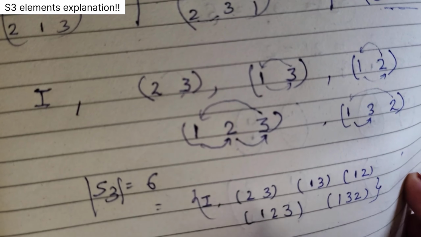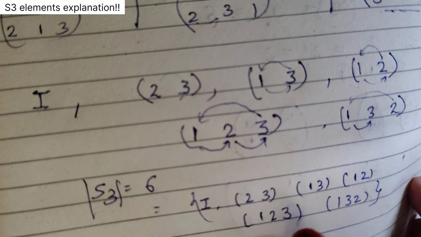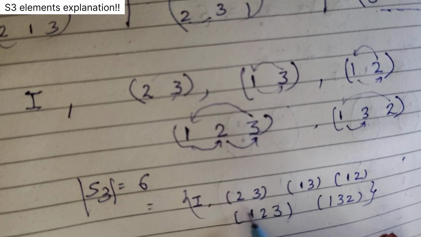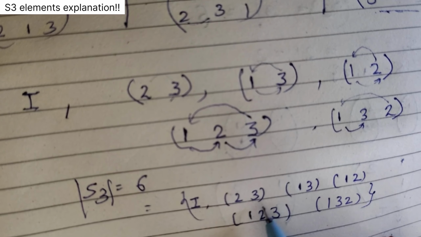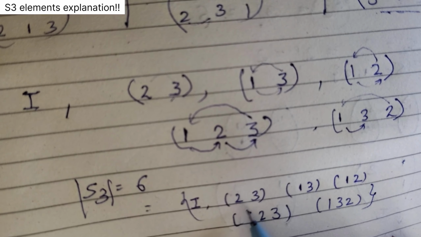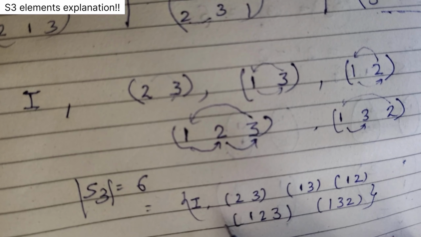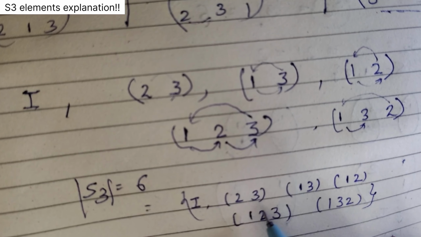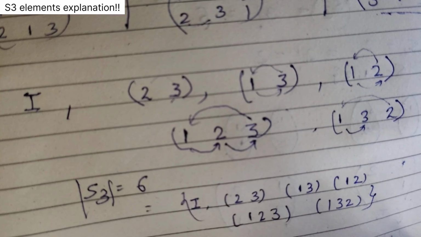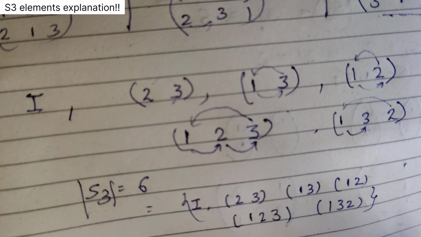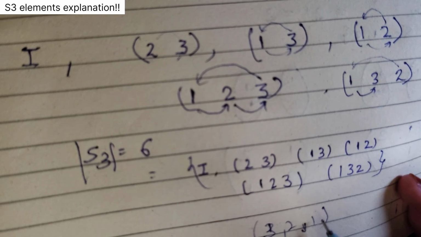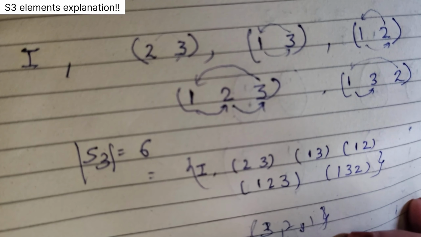Please don't forget, once you are writing these cyclic notations, don't add commas in between. There is no comma because it is a cyclic notation. We just write it as 2 3, basically 2 is mapped to 3. Once we add commas in between, it becomes a set or something else. Like one of you commented in the last video, the question was whether 3 to 1 is a possible element in S3.